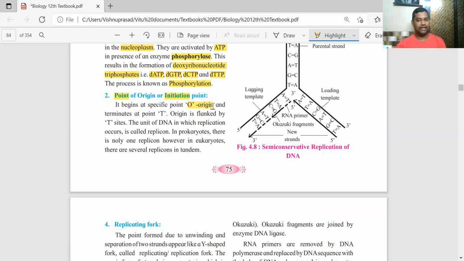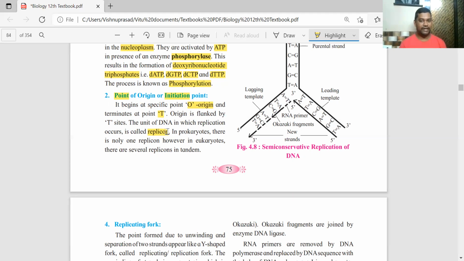And where DNA replication must end, that is the termination point called T. Yes. O और T ये डिसाइड हो जाएगा कि इन दोनों के बीच में पूरे डीएनए को रेप्लिकेट करना है. Okay, got it. That becomes the unit of replication, which is called as replicon. Replicon. Okay, got it. Easy.